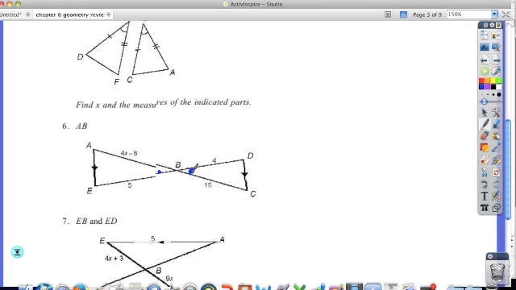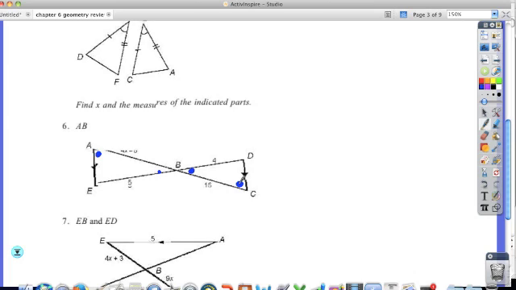You can't assume that these lines are parallel unless they're marked. In this case, they are marked. So this angle and this angle are congruent because they're parallel lines cut by a transversal and it's alternate interior.